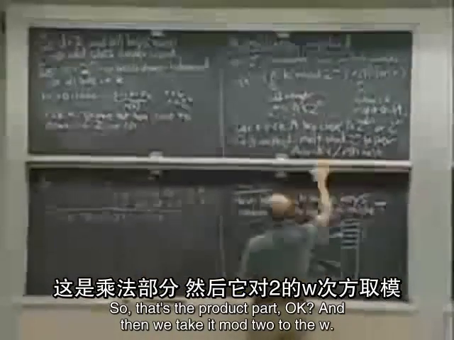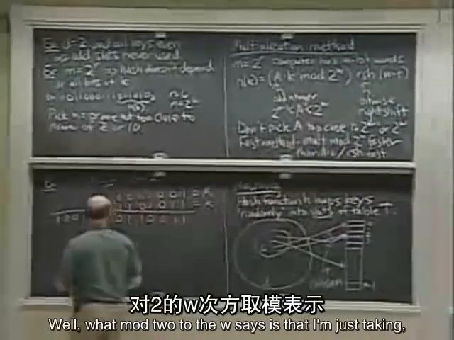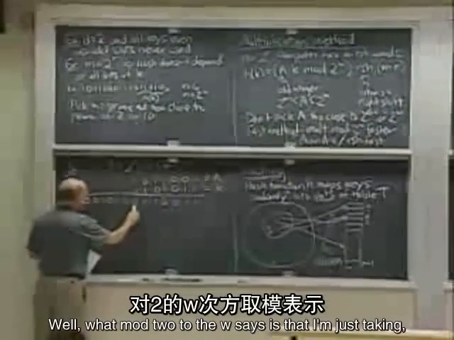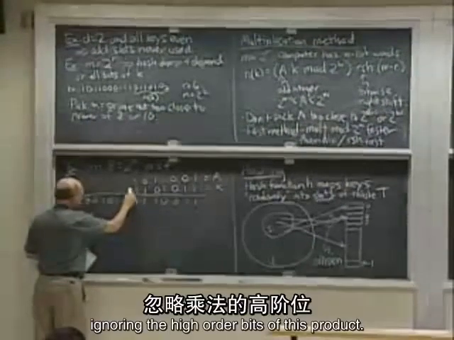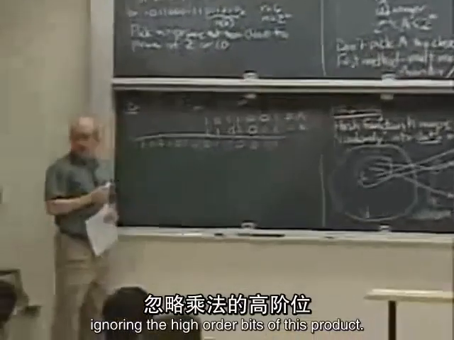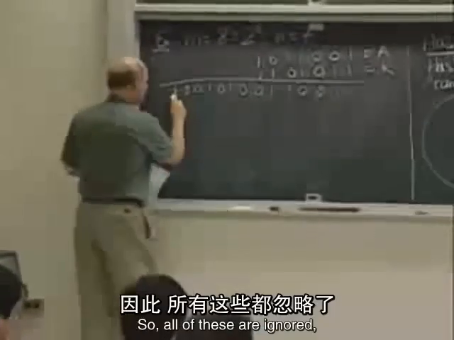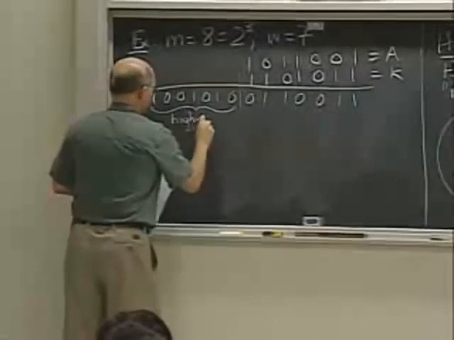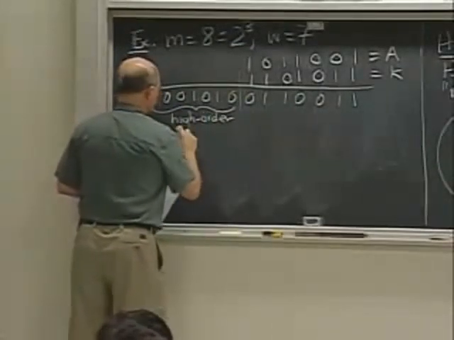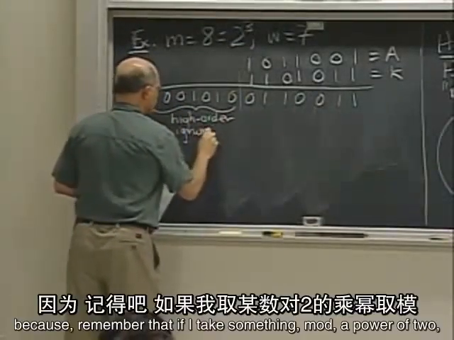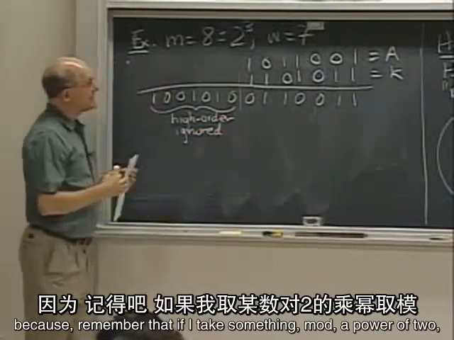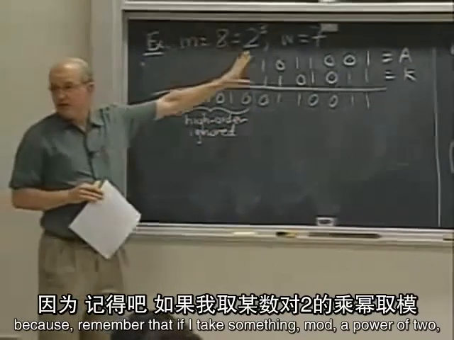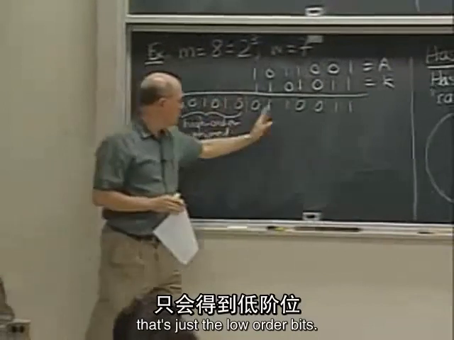And then we take it mod 2 to the w. Well, what mod 2 to the w says is that I'm just ignoring the high order bits of this product. So all of these are ignored. Because remember that if I take something mod a power of 2, that's just the low order bits.